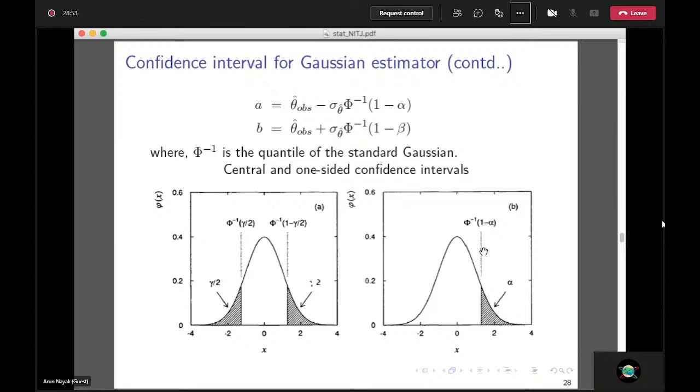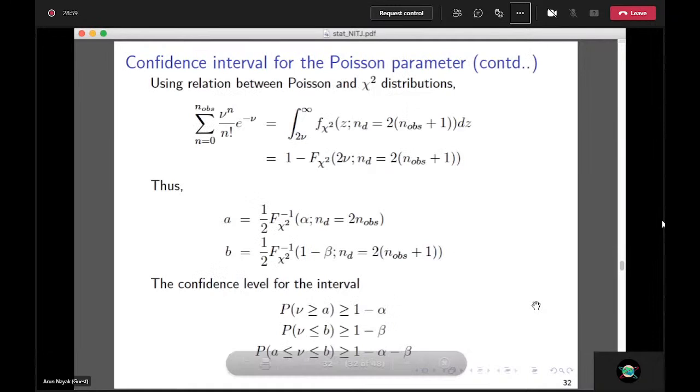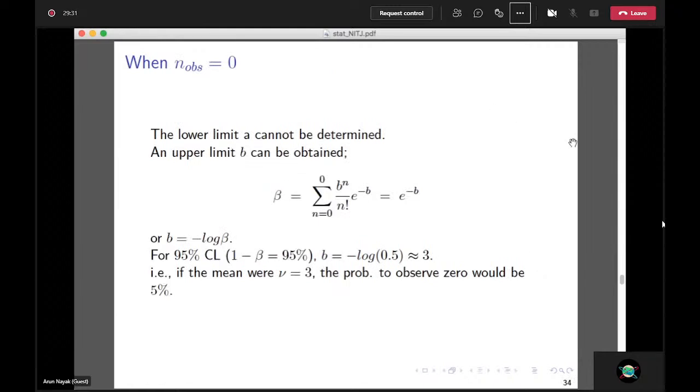So from this threshold above this, suppose we consider 0.1, 0.05, 0.01. So this corresponds to, this is the lower limit, this is the upper limit. So for a given value of the observed number of events, what are the lower limit A and upper limit B that you will get? This table gives you that, so one can use these tables, and in fact I am going to use it in a future slide. Okay.